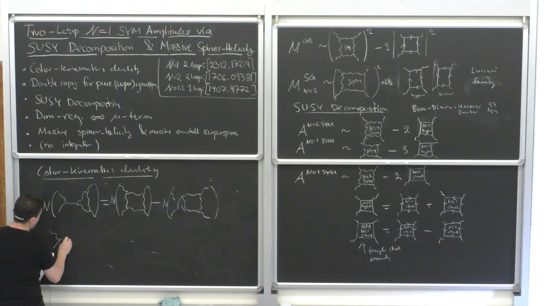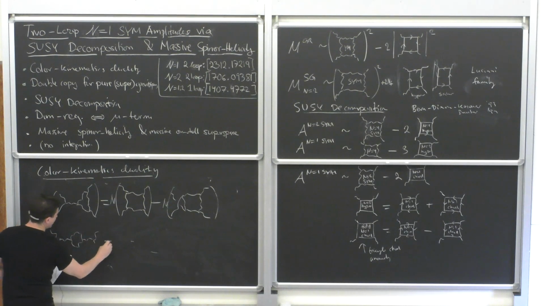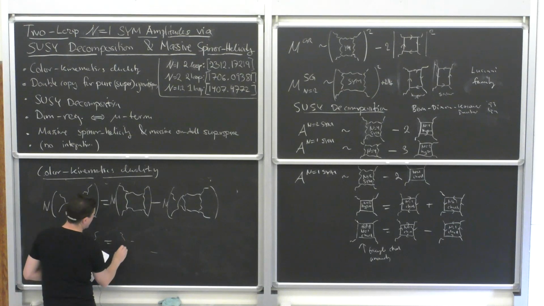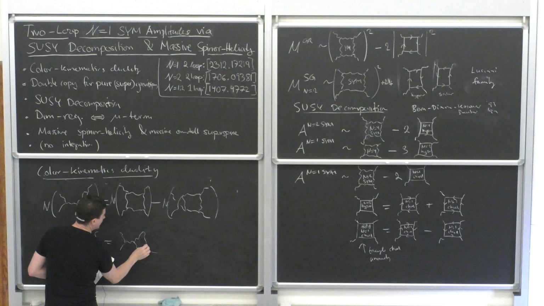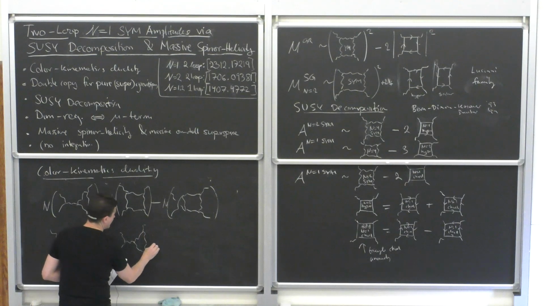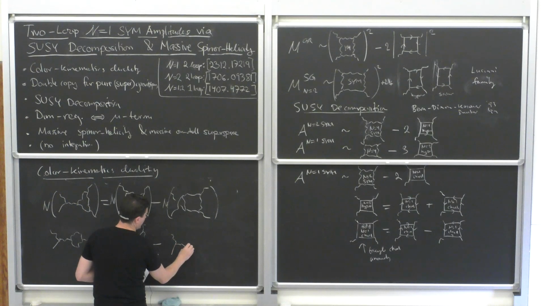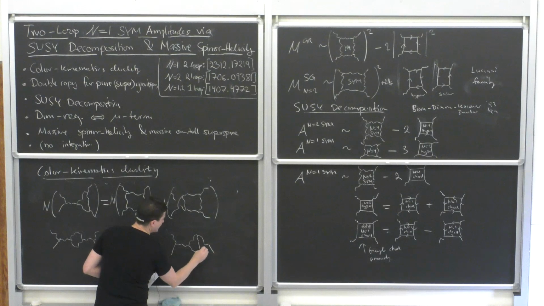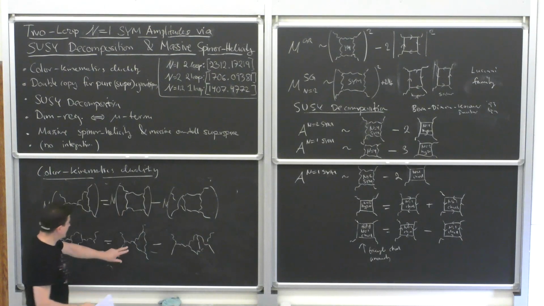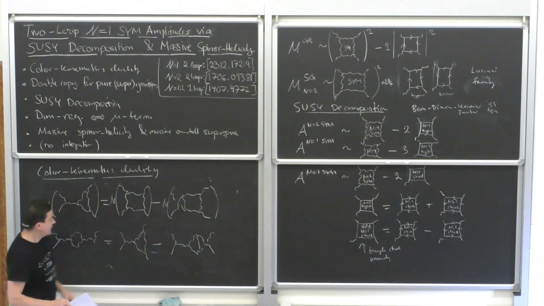Another diagram that you really want at one loop is the bubble graph. That one can also be related to the triangle through a Jacobi relation, a kinematic Jacobi relation. Basically you permute these 2 legs here and subtract them.